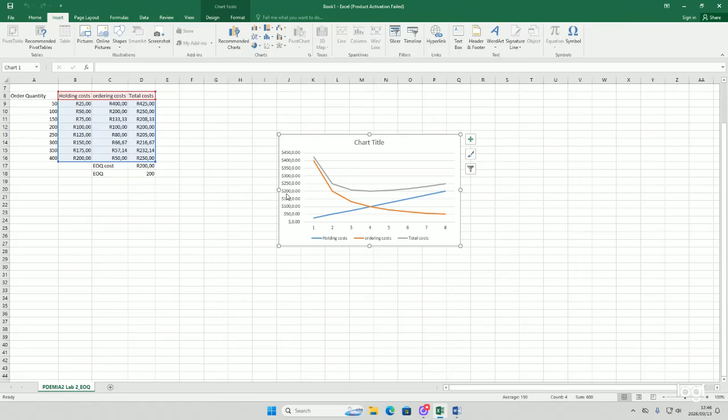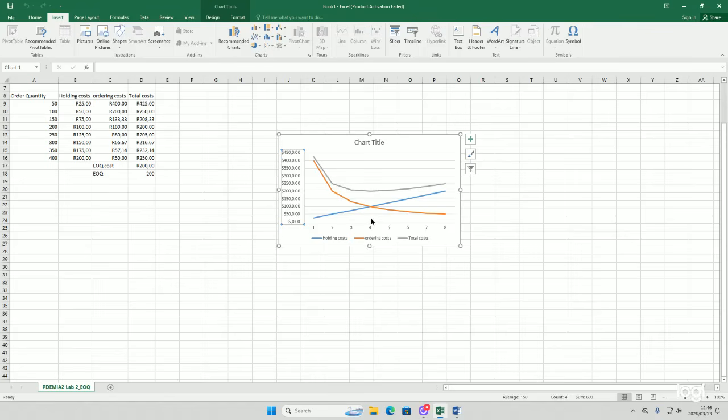You understand? This 200 goes straight, and then it turns here to do the intersection. So our EOQ point, we have calculated to be 200. It will come from here straight, and then go to the intersection of holding and ordering.